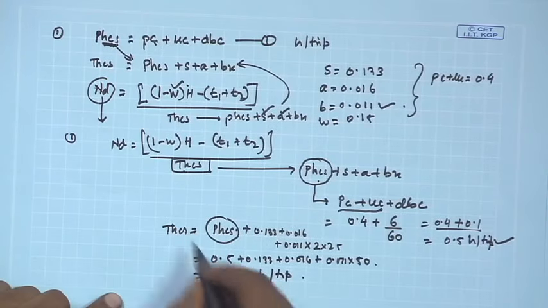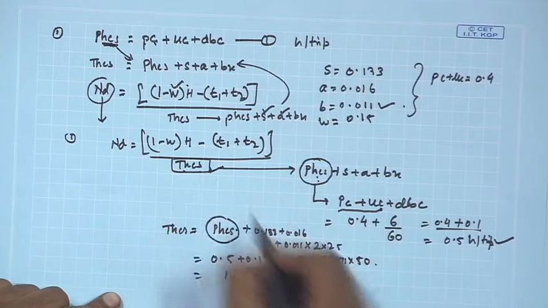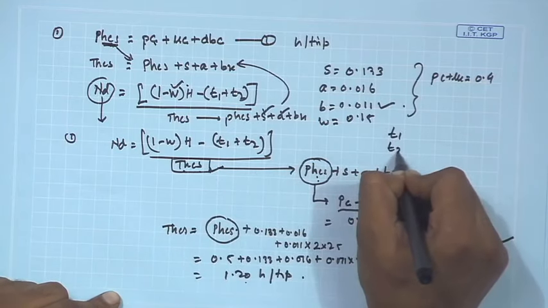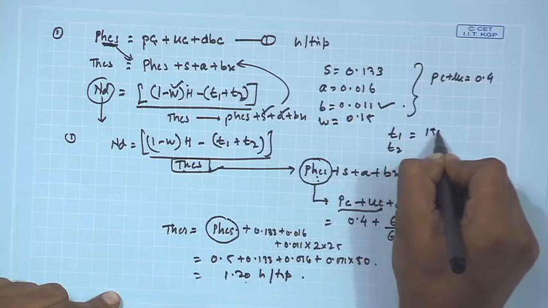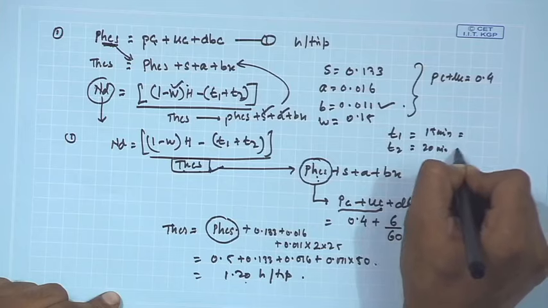So we found the value of THCS by using PHCS, and now we have to put all these values here. Before that, let us find the value of T1 and T2, which is given as 15 minute and 20 minute. That has to be converted into hour.